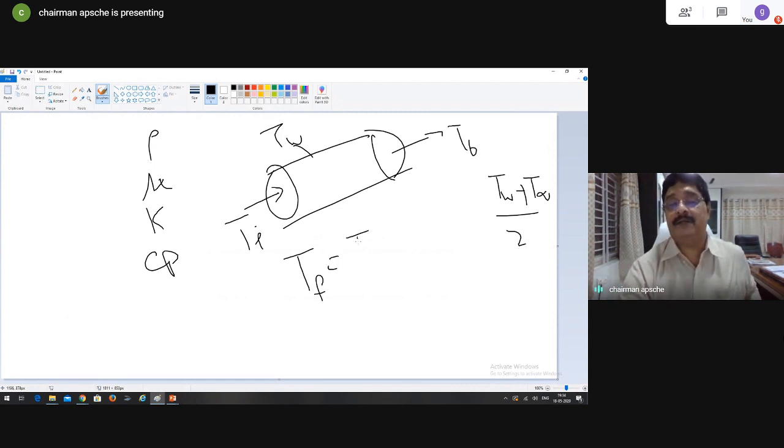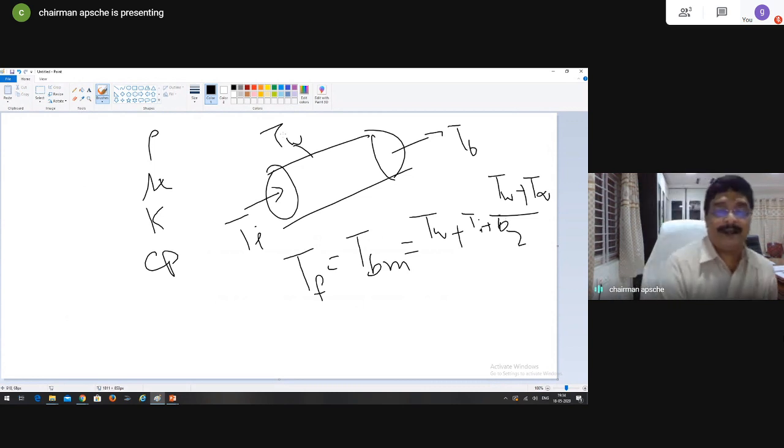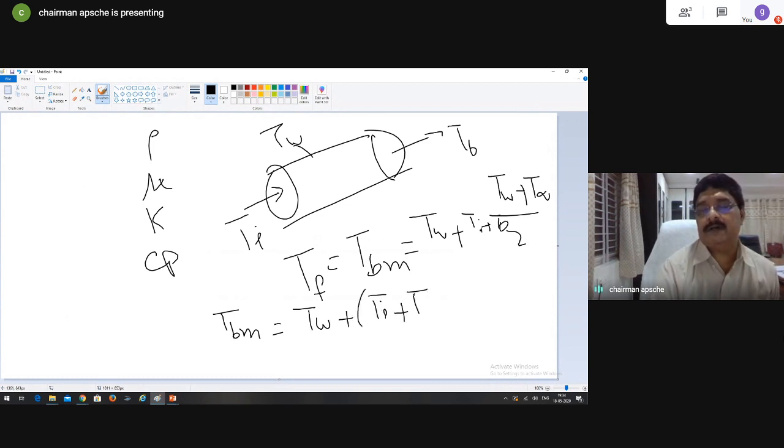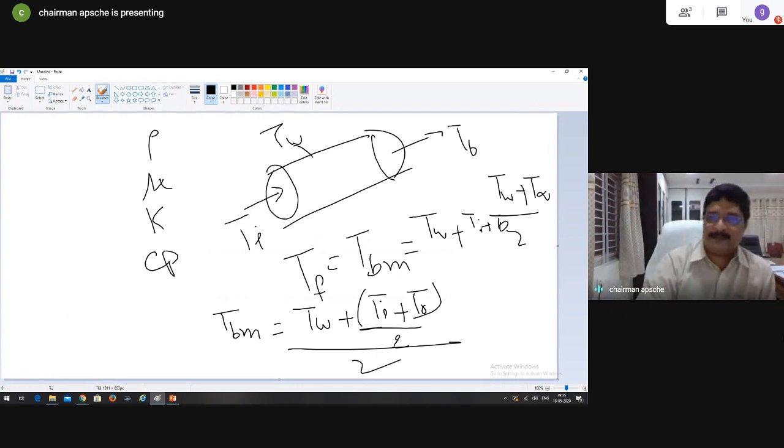The film temperature is now called the bulk mean temperature, T bulk mean, which is equal to ((Ti plus T0) divided by 2, plus TW) divided by 2. Don't get confused. The properties like rho, mu, K, Cp are estimated at the bulk mean temperature.